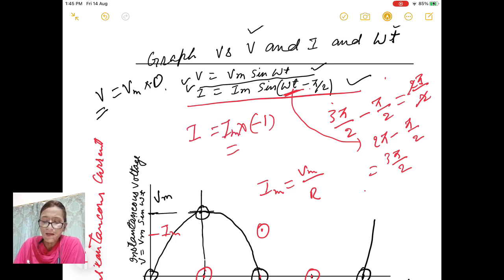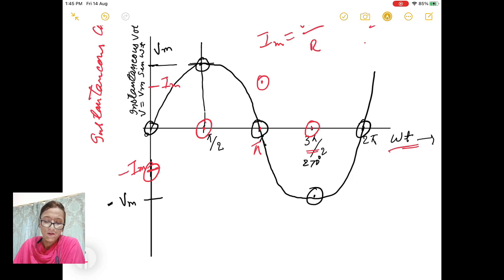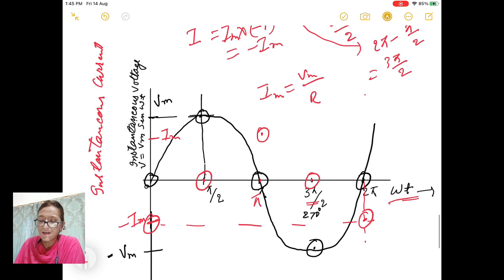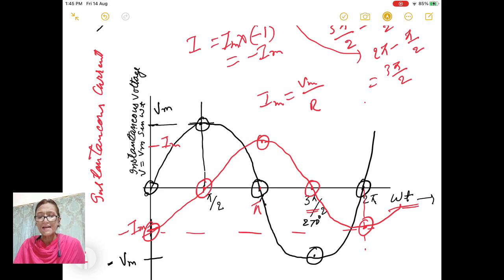So your I becomes equal to minus of current amplitude Im. Here you have the next point at 2 pi. Now let me draw a graph through these points with free hand, and you get this graph. So this is your instantaneous current and instantaneous voltage versus omega t graph.